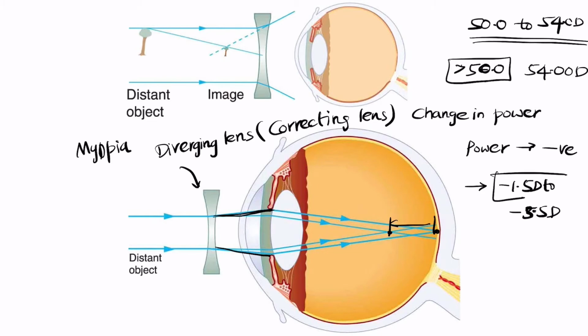This is the range of lenses that the doctor will prescribe. When you go to the optician, this is the number that you give the optician. Then using this number, he'll make the lens accordingly. This is how the doctor checks whether your spectacles need a certain power. This is the value you use for the power of your spectacles when you have myopia. Myopia, remember, is nearsightedness, where you are not able to see objects that are far away from you.